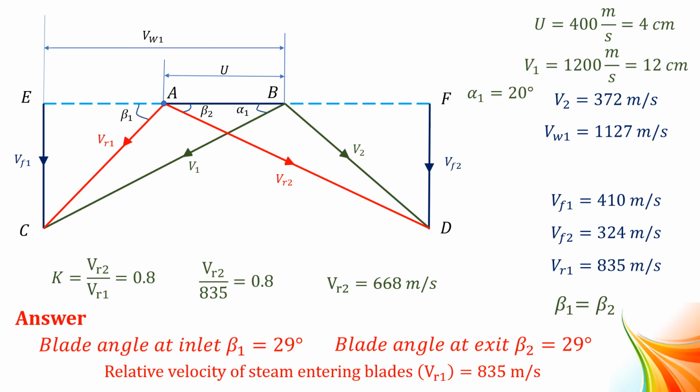By measuring the length of Vf2, it is nearly 3.24 centimeter. According to the scale, it is 324 meters per second. Now measure the angle alpha 2, equal to 60 degrees.